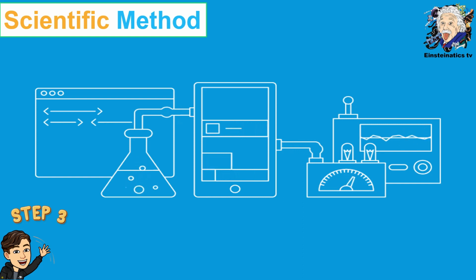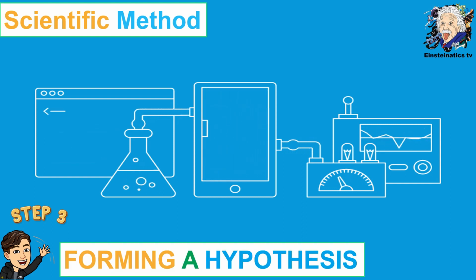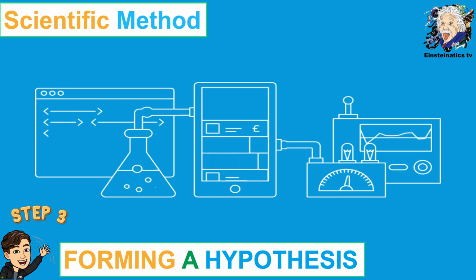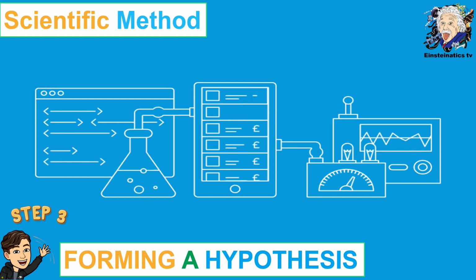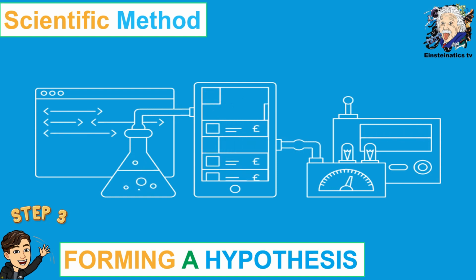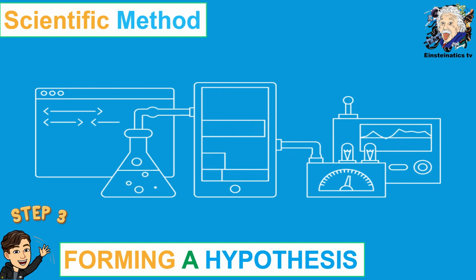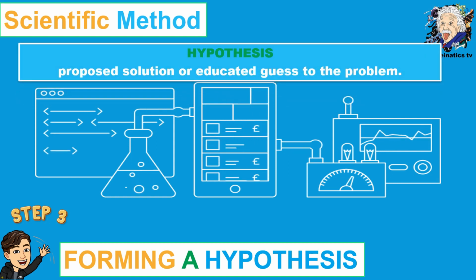Now let's proceed with step number 3 of the scientific method. After identifying the problem and getting observations or research about the problem, now it's time to form a hypothesis. So what is a hypothesis?